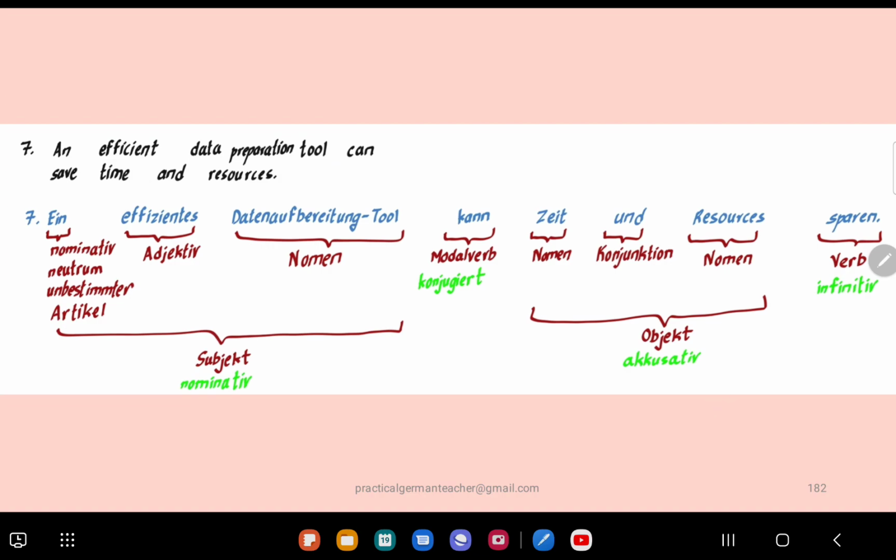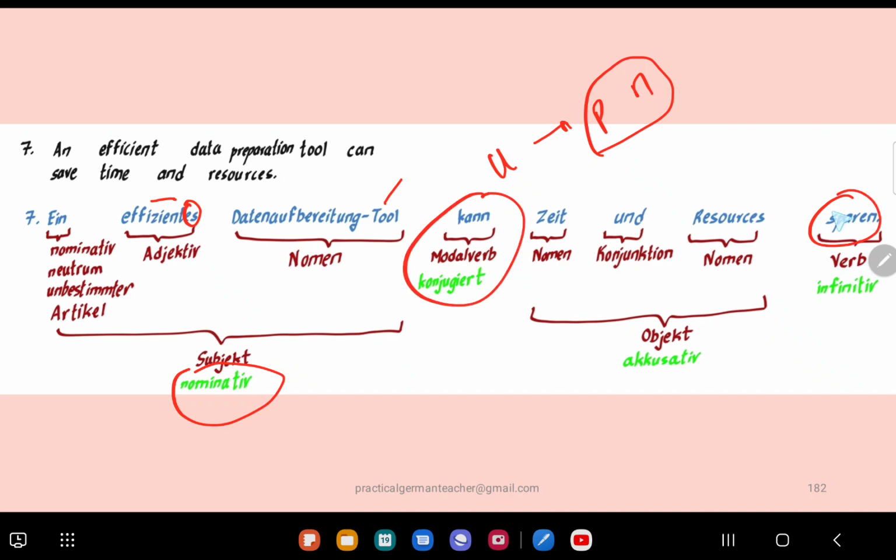So ein effizientes, because, remember how you draw that adjective ending table for unbestimmte Artikel, you can just copy it from possessive and Negationsartikel, and for Neutrum it was "s". Tool is Neutrum, and in nominative case, even if it was accusative case, it would have been "s". I think this is Sparenes. So here you conjugate this part, but this other verb you leave as it is, infinitive form.